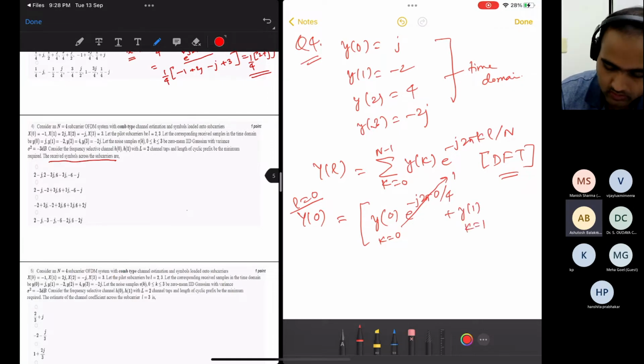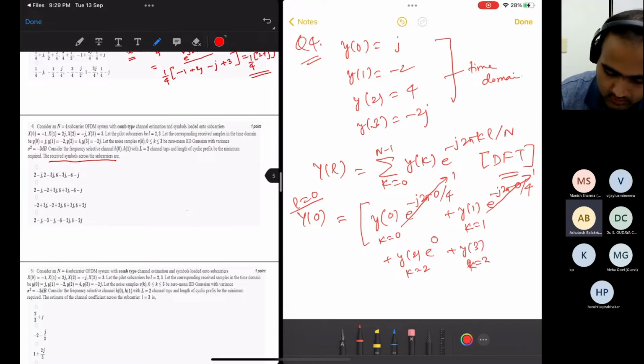Now if k is 1, but note that L is still 0, so this is still e to the power minus j 2 pi 0 by 4, so this is still 1. And plus y2 at k is 2, and e to the power is still 0, plus y3 at k is 3, and e to the power 0.